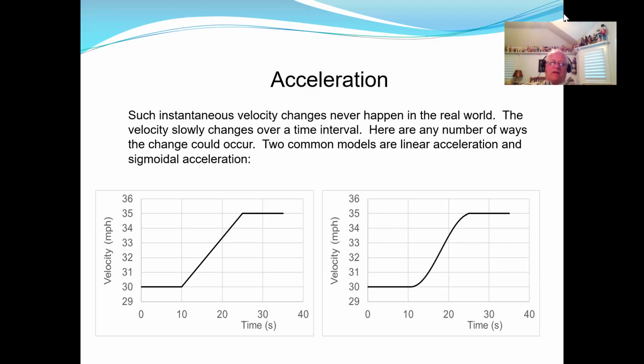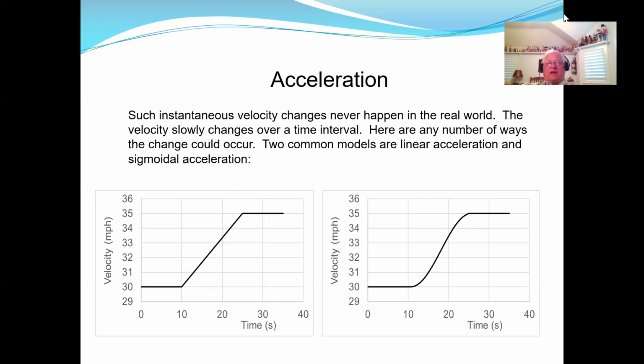So anyway, looking at the left, what we have is we travel along at 30 miles an hour with zero acceleration. And then at time mark 10 seconds, we instantaneously change the acceleration, not to infinity, but rather to some finite value.